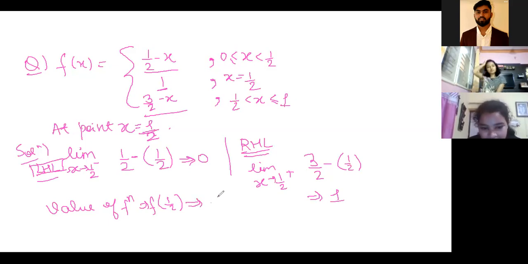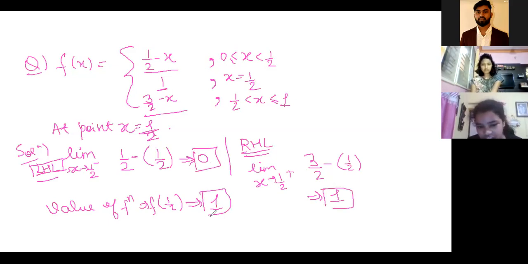So we'll easily write that it is the point 1, which means that we are obtaining these two values, RHL and the value of the function, are equal, but 0 is not equal to them, which means that the function is discontinuous at the point x equals half. So when x equals half, the function f(x) is discontinuous, because these three entities are not coming equal to each other. If it would have been 1, then it would have been continuous. Is it fine?